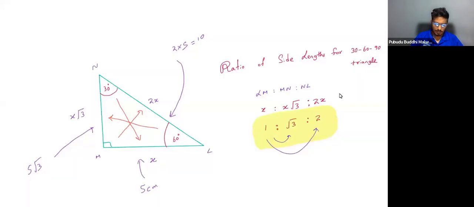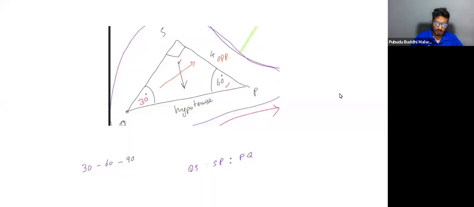So for our problem, now opposite of 30 degrees is actually SP. So we should start with that. So SP. Then opposite of 60 degrees or opposite of 90 degrees doesn't really matter. But you should remember that ratio. This is 1.